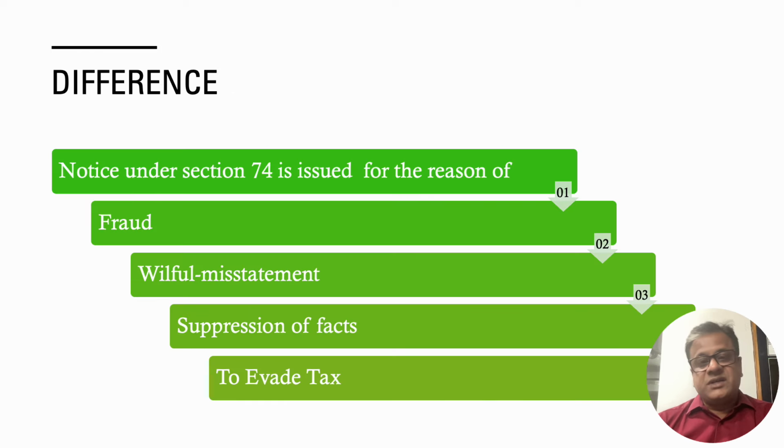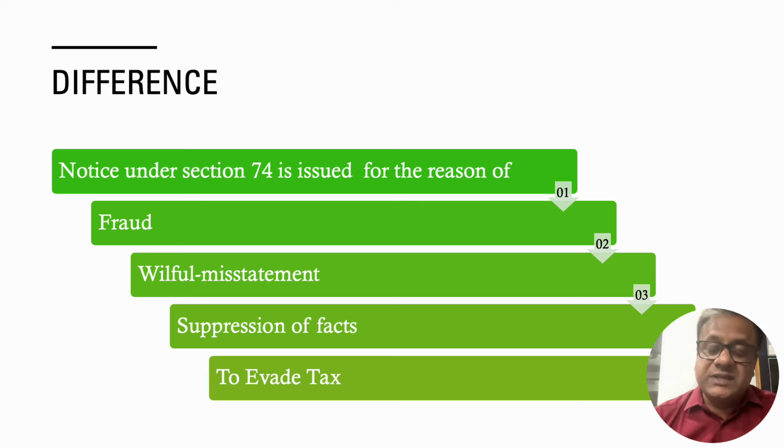Now, the notice under section 74 is issued, please bear in mind, be very careful, for the reason of fraud, willful misstatement, or suppression of facts with the intention to evade tax.